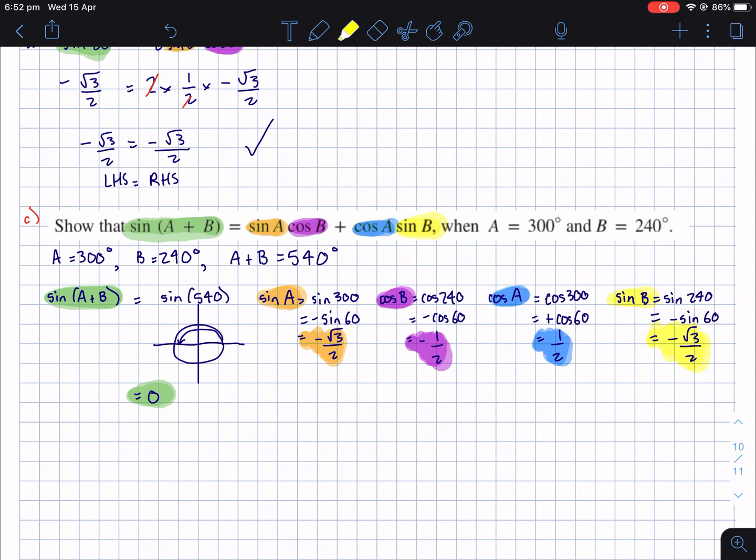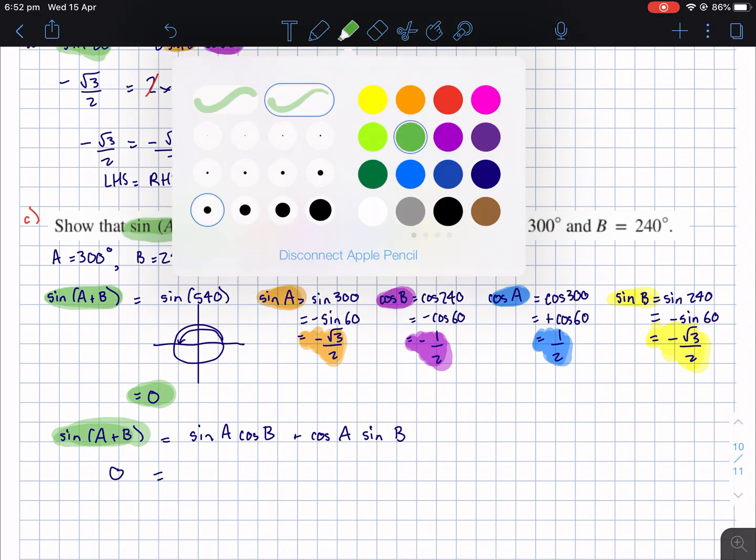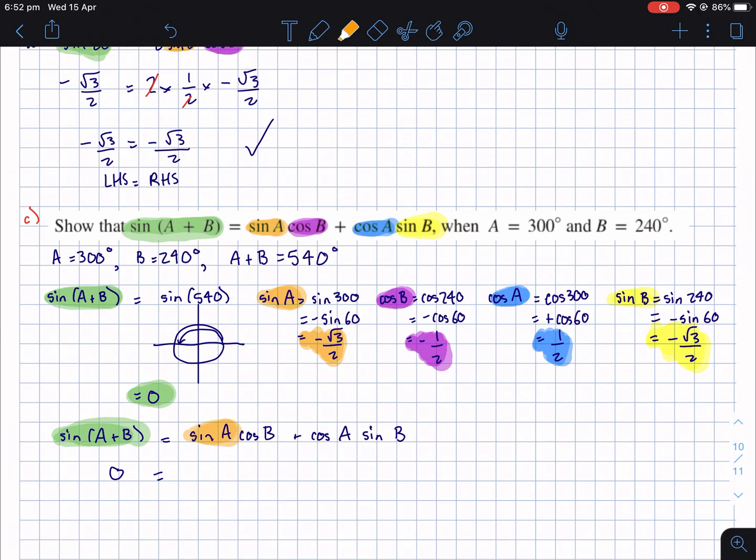All right, let's write out our question. So we've got sine A plus B equals sine A cos B plus cos A sine B. Sine A plus B, we already know it's 0. Sine A is negative root 3 on 2.